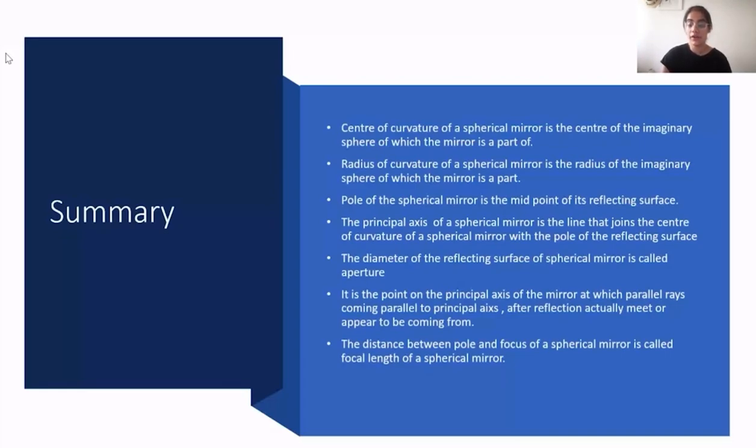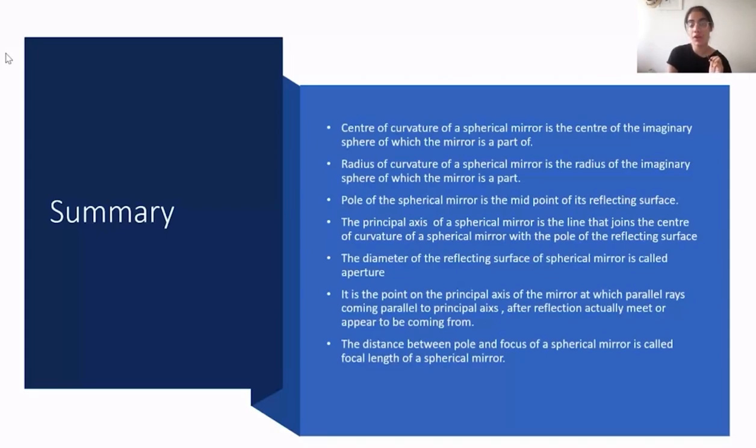The point on the principal axis from which parallel rays, parallel to the principal axis, after reflection actually meet or appear to meet is called the principal focus of a spherical mirror, represented by capital F. The distance between the pole and focus is termed the focal length of a spherical mirror, denoted by small f.